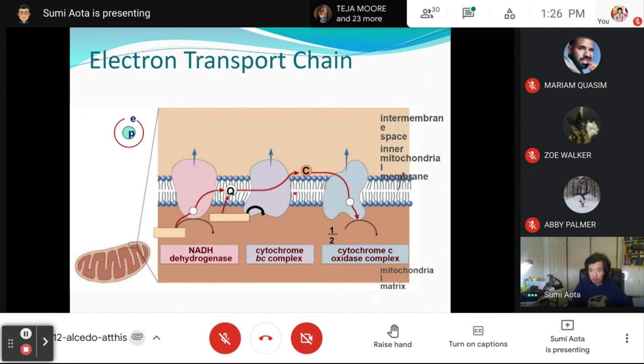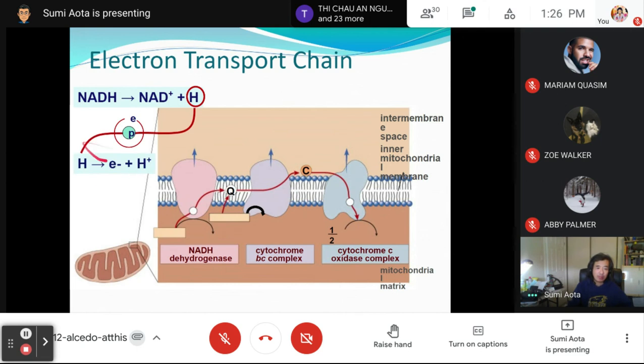Okay, so going through this one more time. We have NADH. That'll split the hydrogen atom into an electron and a hydrogen ion. So NADH becomes that. Hydrogens get split. Electrons move on to the first complex. They then go through Q to the second complex, through C to the third complex.